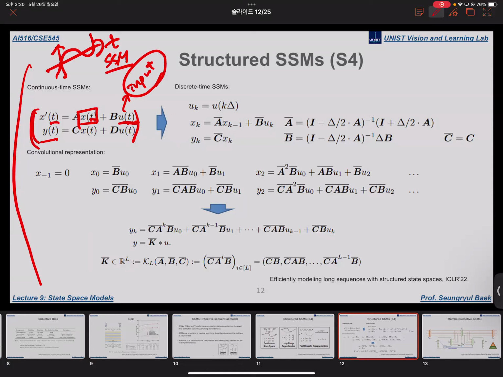But inside deep architectures, we normally use discretized input and also discretized output. So the authors are saying that we can sample the signals to make u_k, which is the discretized input.